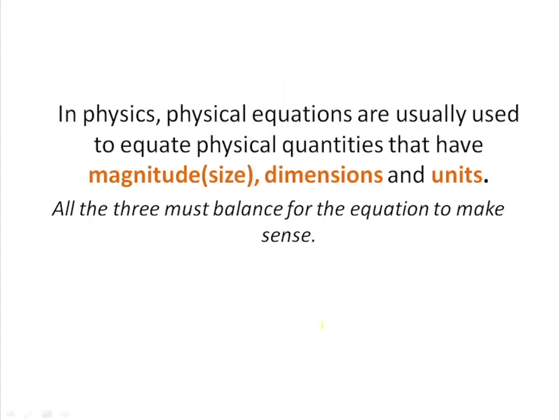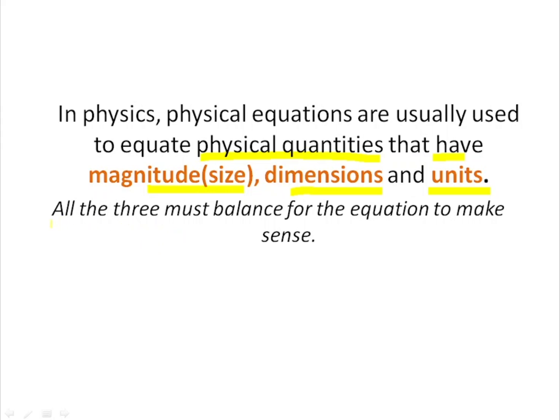In physics, equations are usually used to equate physical quantities that have magnitude, that is size, dimensions, and units. All the three must balance for the equation to make sense.